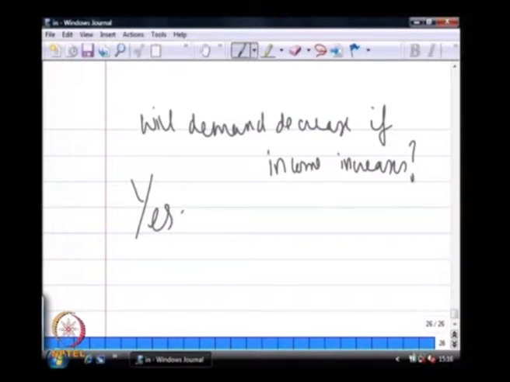Yes. Why? Because let us, for example, take the case of inferior goods, not necessarily inferior.